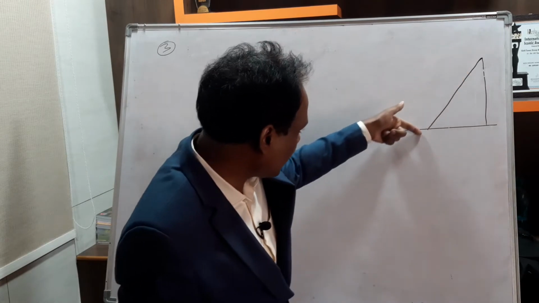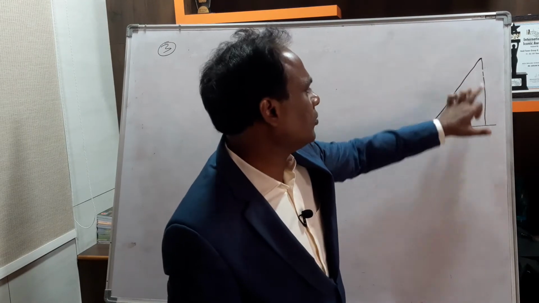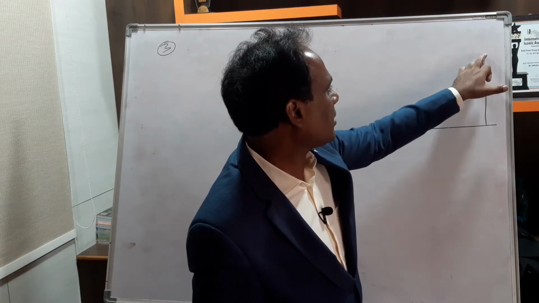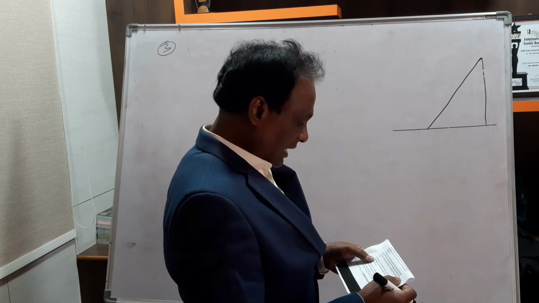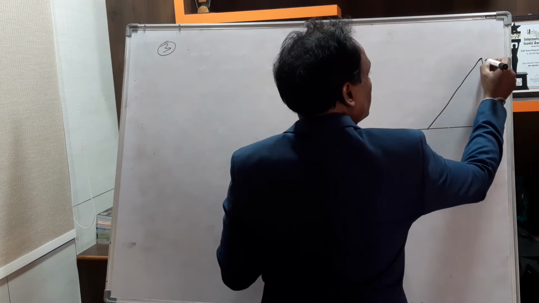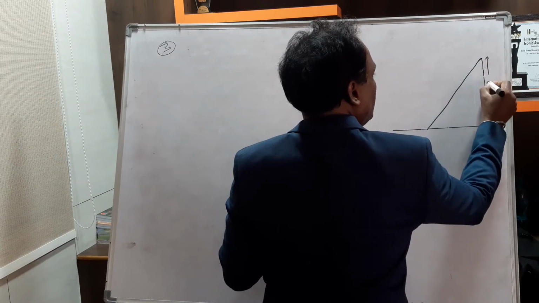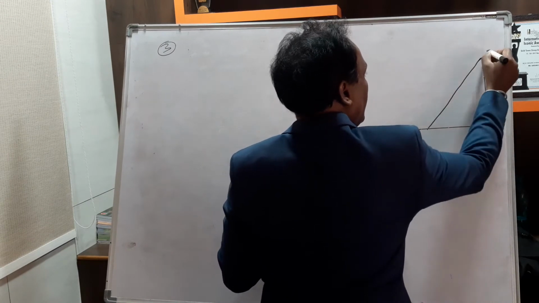This is the slider, and this is, say, some iron pole, where children need to climb, and from here they start to slide. So the height of this portion is 2 meters. Say it is ABC.